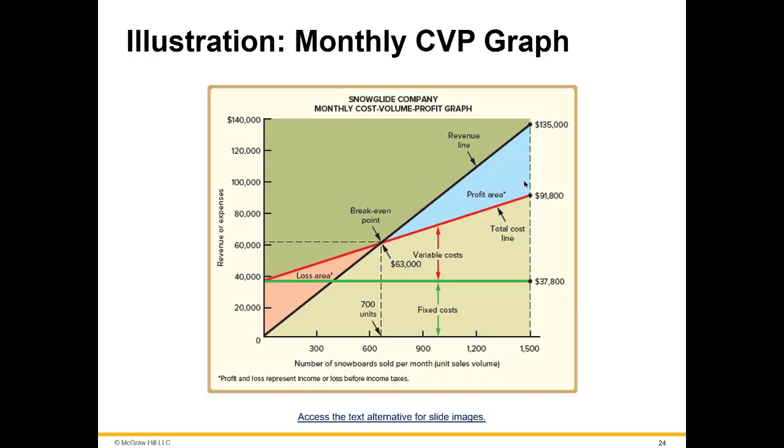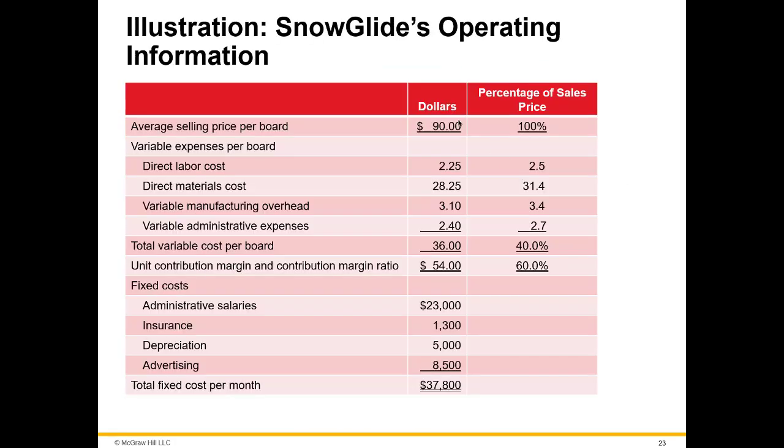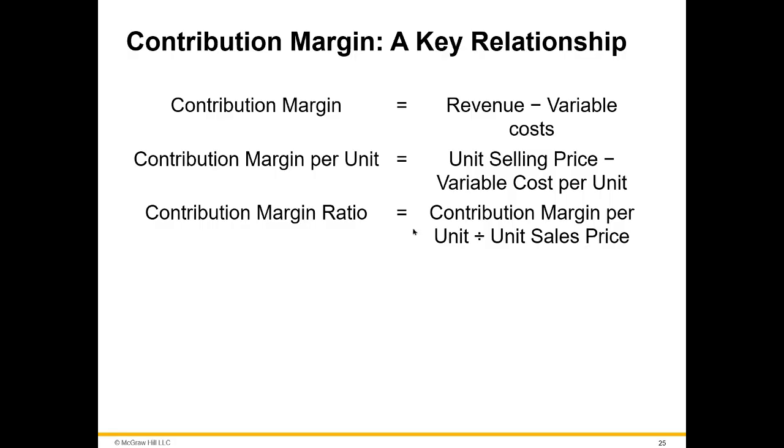So we're going to go back 2 slides here. 90 less the variable costs is going to be a unit contribution margin of $54. Okay. And now it says, what's the contribution margin? Well, the contribution margin ratio will be 54 divided by 90, or 60%. So we can see that included there. And that was our next computation, is what's the contribution margin per unit?